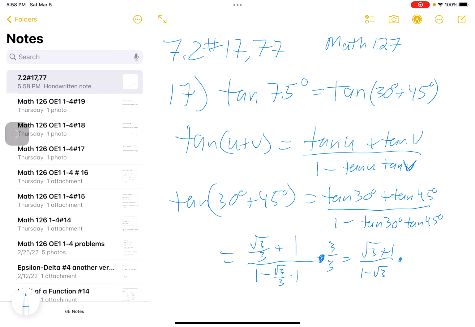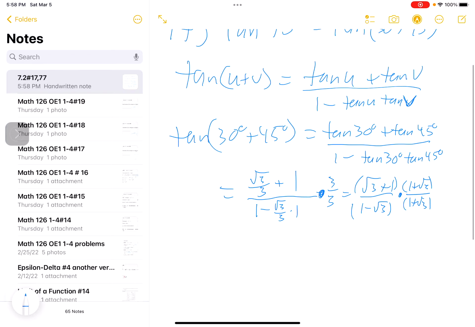So I'm going to multiply by the conjugate of the denominator, 3 plus the square root of 3 over 3 plus the square root of 3. On the numerator, it's going to be the square root of 3 plus 3, plus the square root of 3, so that looks right, over 1 minus 3.